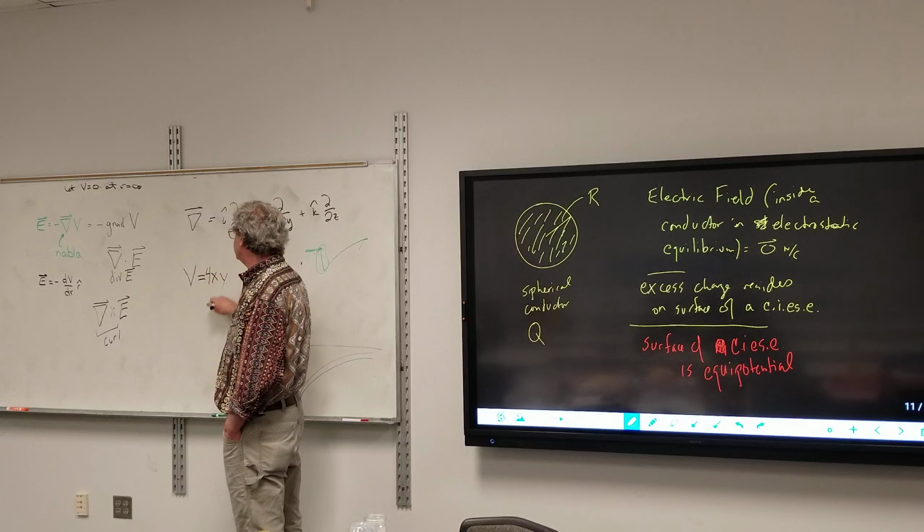If I wanted to find my electric field from this, that's equal to negative del V, which is negative i hat del x V plus j hat del y V plus k hat del z V.